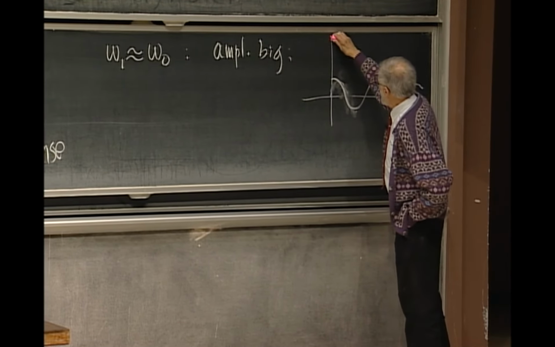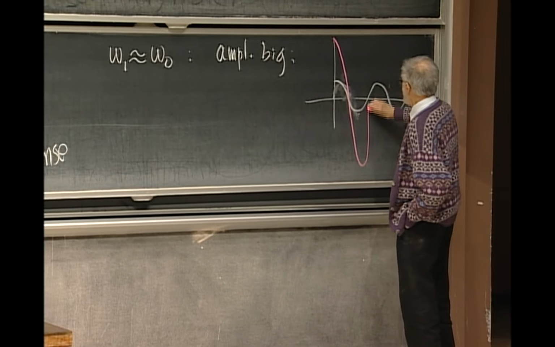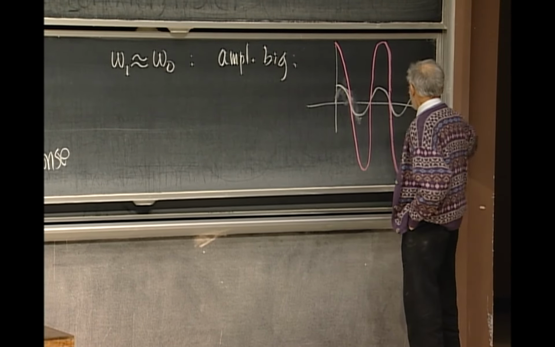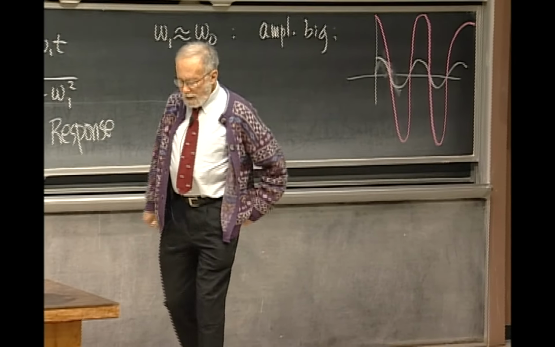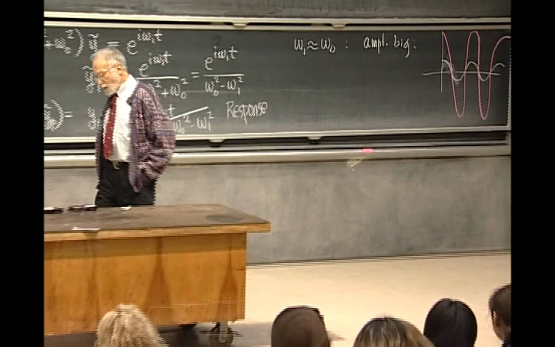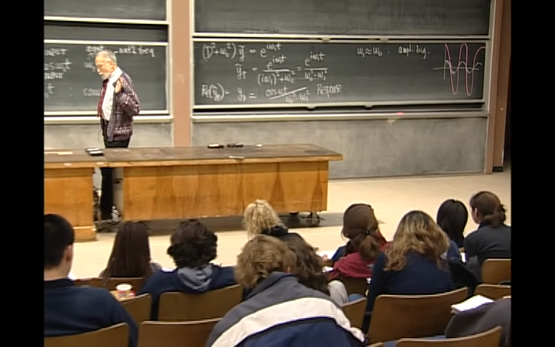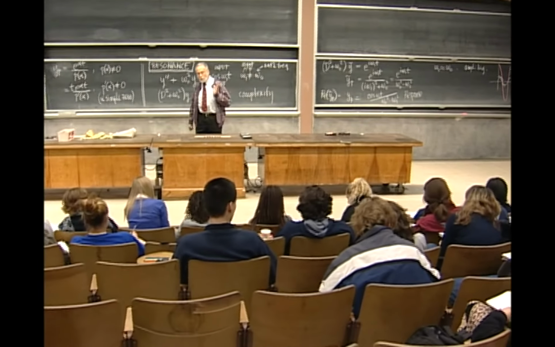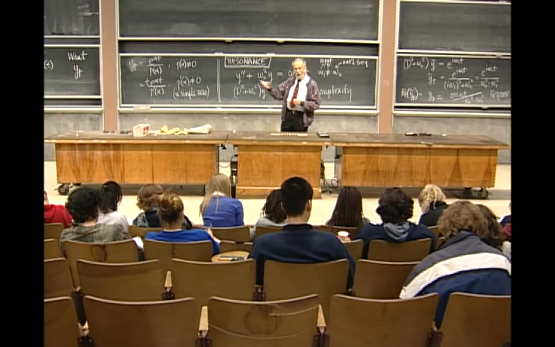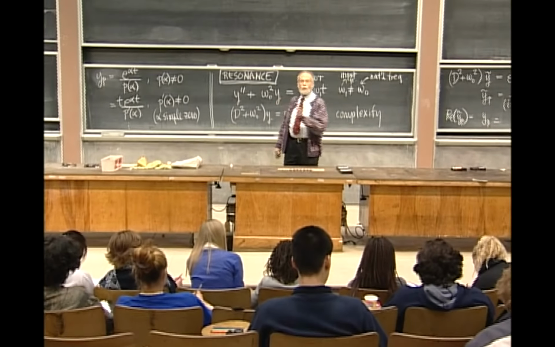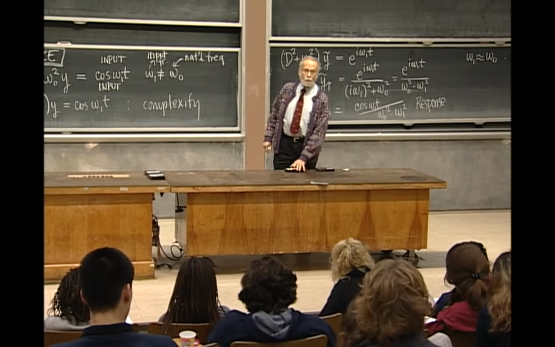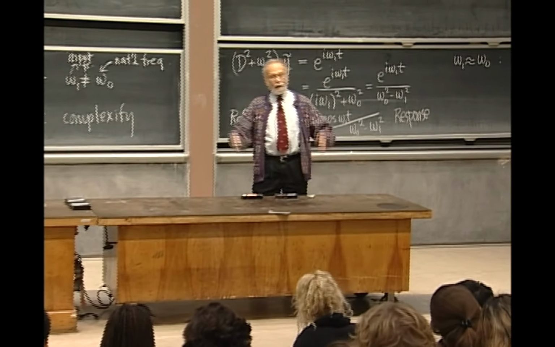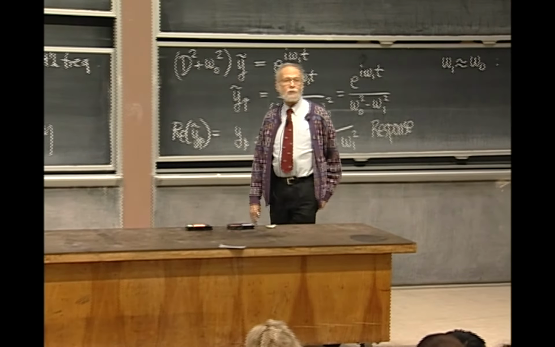So the response will instead look like this. Now, to all intents and purposes, that's resonance. You're pushing something that wants to oscillate with approximately the same frequency that it would like to oscillate by itself. And what that does is it builds up the amplitude enormously.